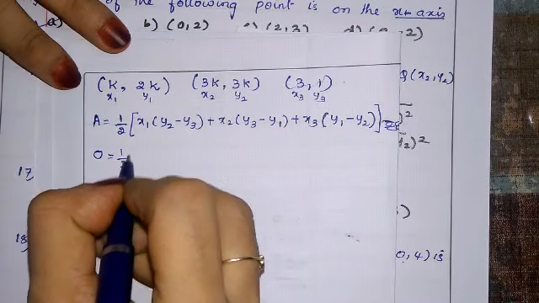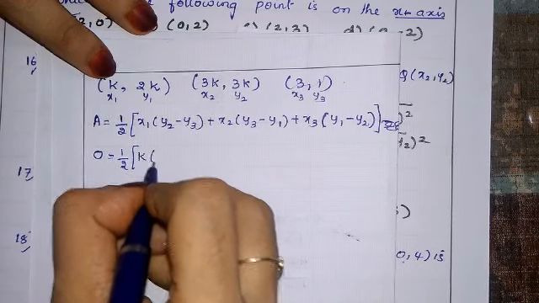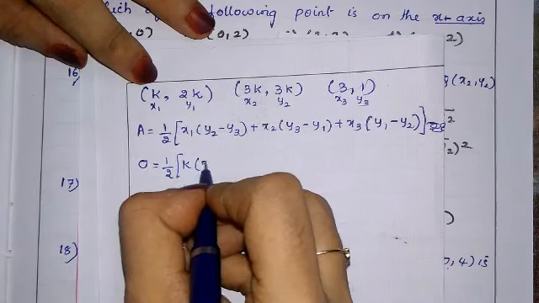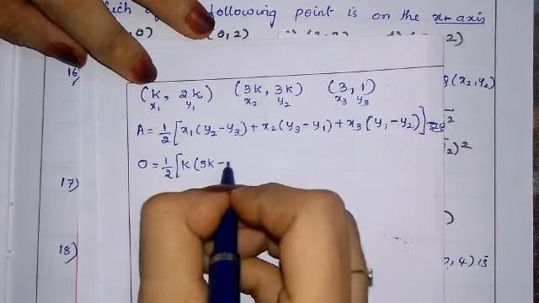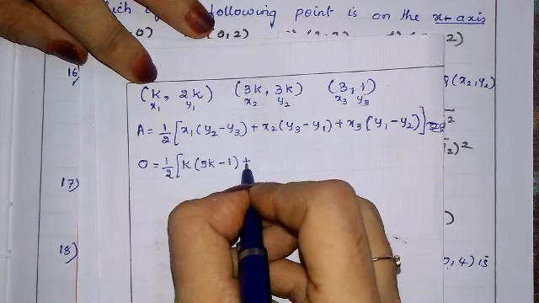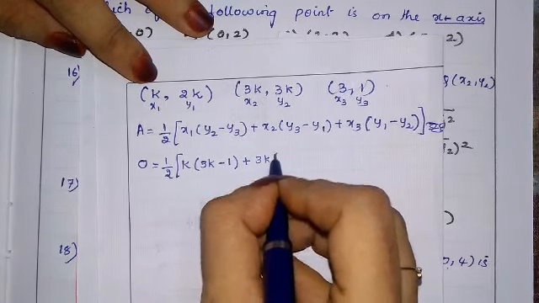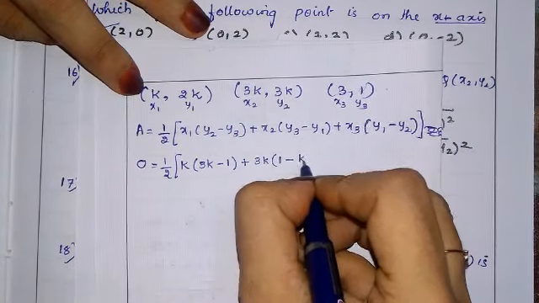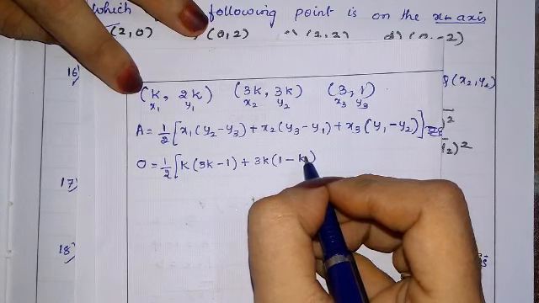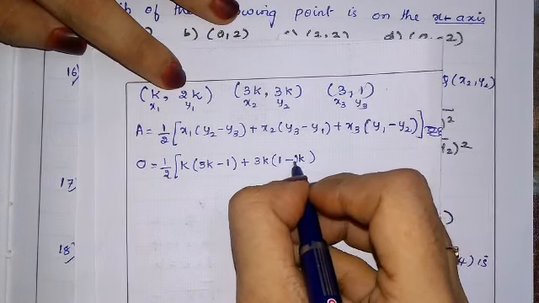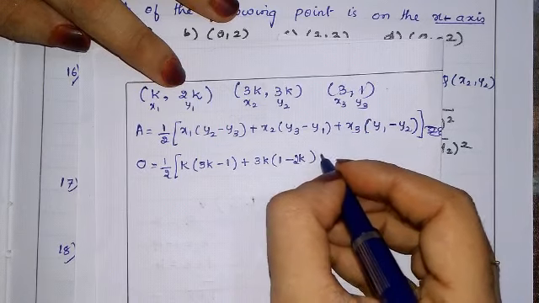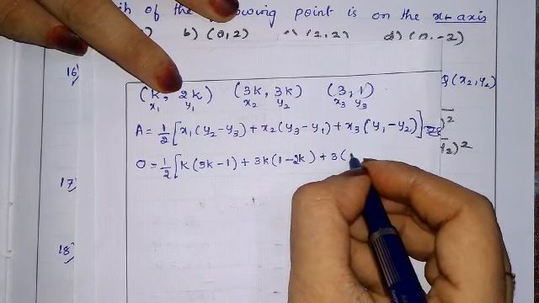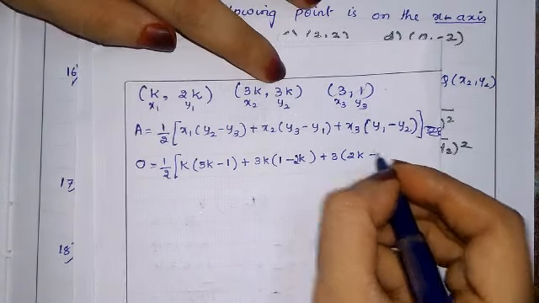Half, x1 is k, y2 value is 3k minus y3 value 1, plus x2 value 3k, y3 value 1 minus y1 value 2k. You should be very careful while writing the values. Plus x3 is 3, y1 value is 2k minus y2 value is 3k.